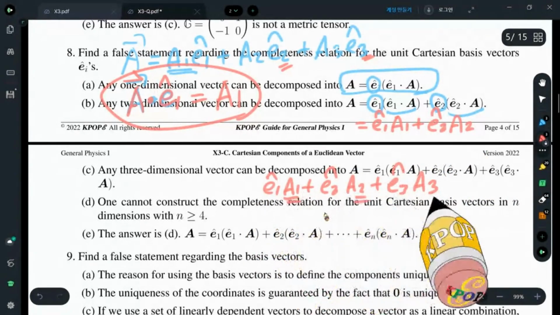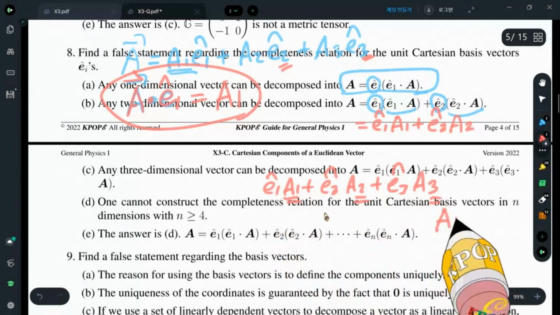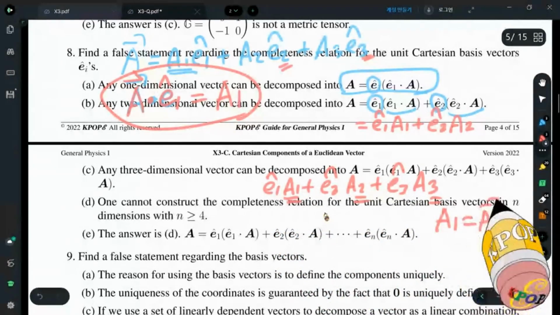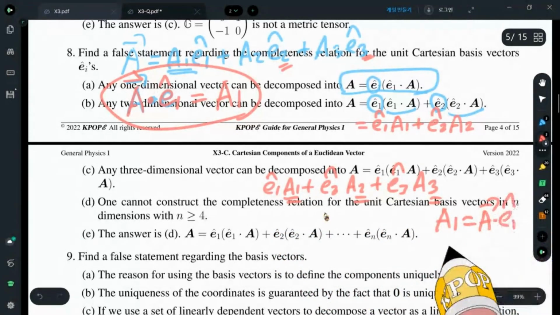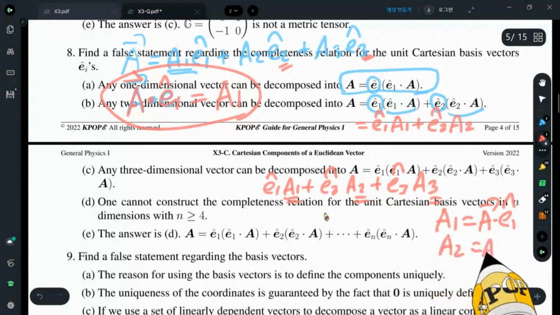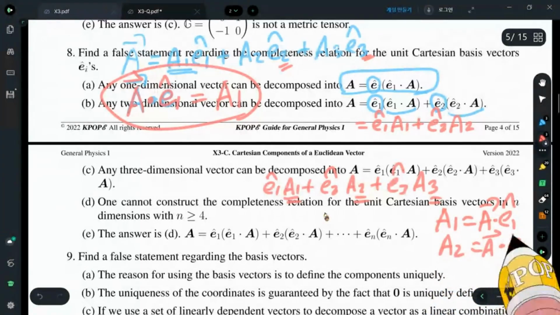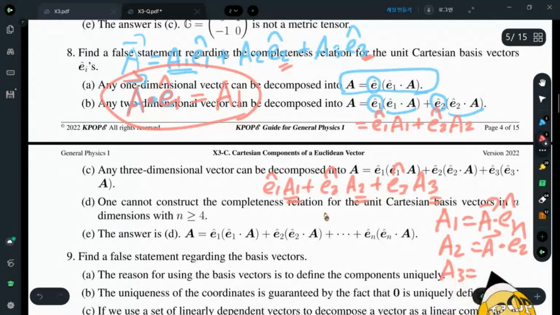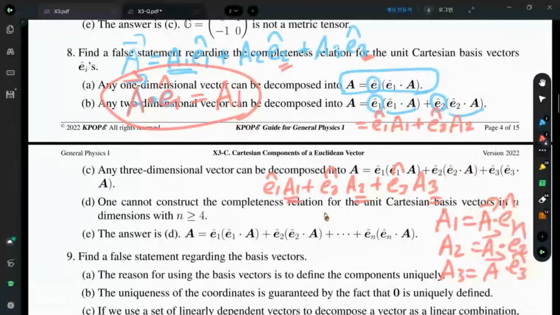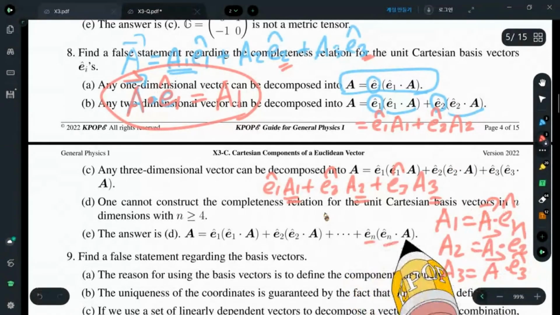But everything can be obtained. A1 equals a vector scalar product E1 hat. A2 equals a vector dot E2 hat. A3 equals a vector dot E3 hat, and so on. And it can even be extended to arbitrary dimension.